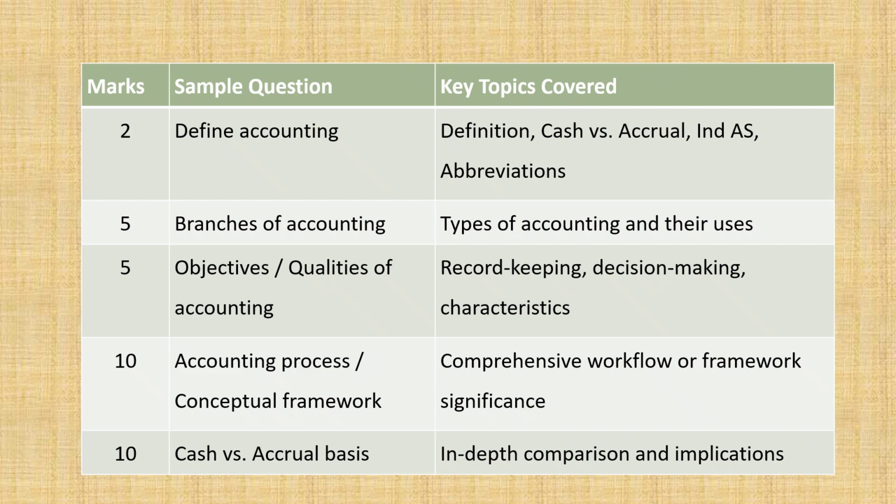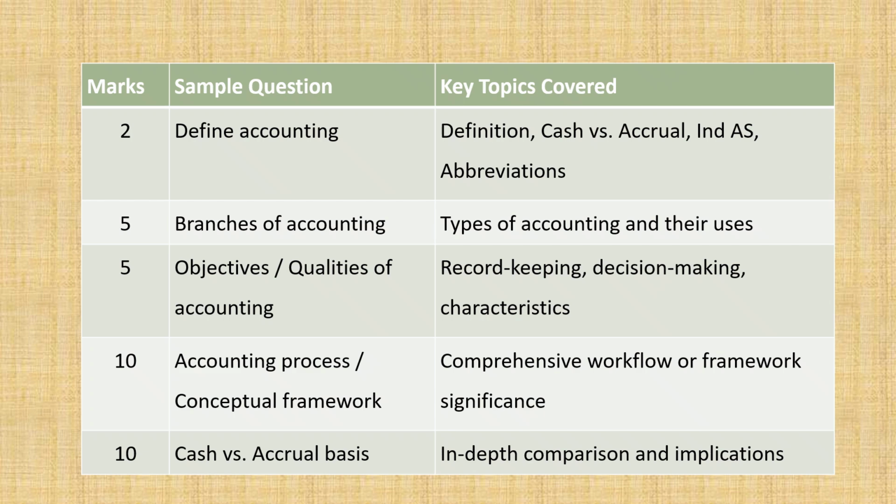The sample questions and key topics covered in this session are: define accounting, that is covered in definition, cash versus accrual, Indian accounting standard abbreviations. Branches of accounting, 5 marks questions covered, types of accounting and their uses.